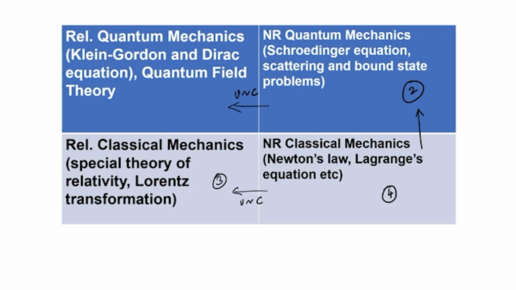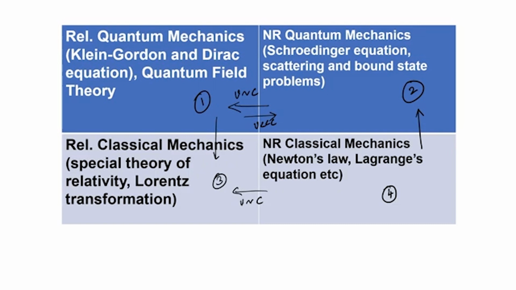If you look at the four quadrants, the most complete description is given by the first quadrant, which talks about relativistic quantum mechanics, because this will go to non-relativistic quantum mechanics for v much smaller than c, or it can go to relativistic classical mechanics when h cross can be neglected, or when you talk about the macroscopic world, and so on.